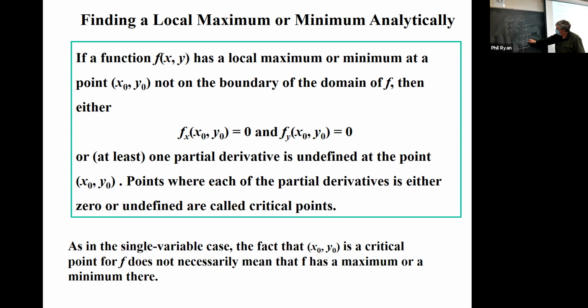Why isn't this point a minimum? Well, if we look at it, say we're at the point (1, 0). Okay. In the y direction, it's flat. But if we go in the x direction, the slope is 2.